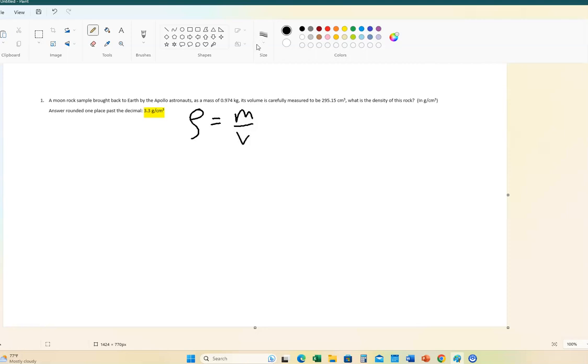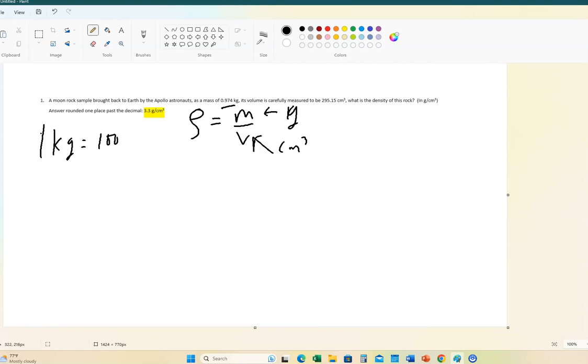All right, so when we do this, the mass has to be in kilograms. I'm sorry, the mass has to be in grams. And the volume is given to us in centimeters cubed. They gave us the mass in kilograms, so we have to change that, and we know that 1 kilogram is of course 1,000 grams.